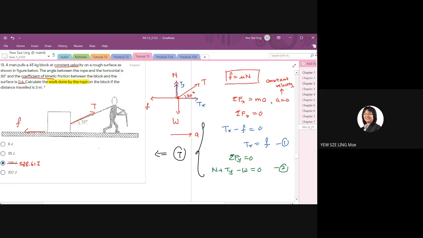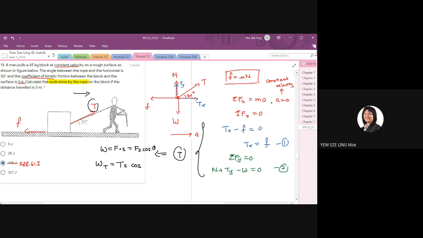In general, W is equal to F dot S based on the definition, which is Fs cos theta. Now you want to calculate the work done by the rope, so WT is equal to Ts cos theta. Theta is the angle between T and the direction of motion.